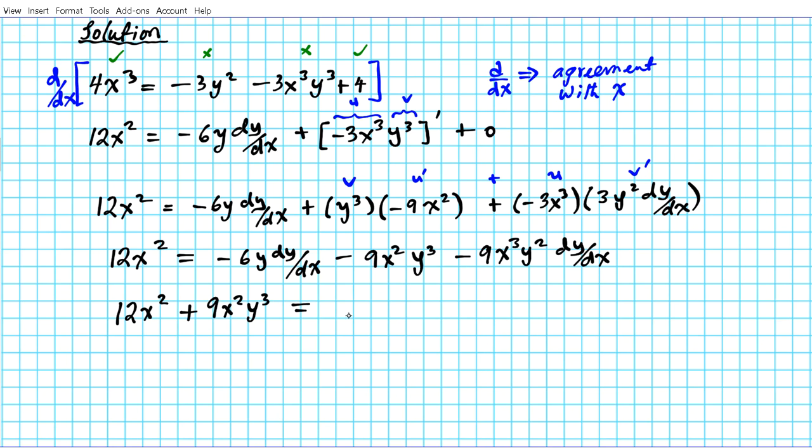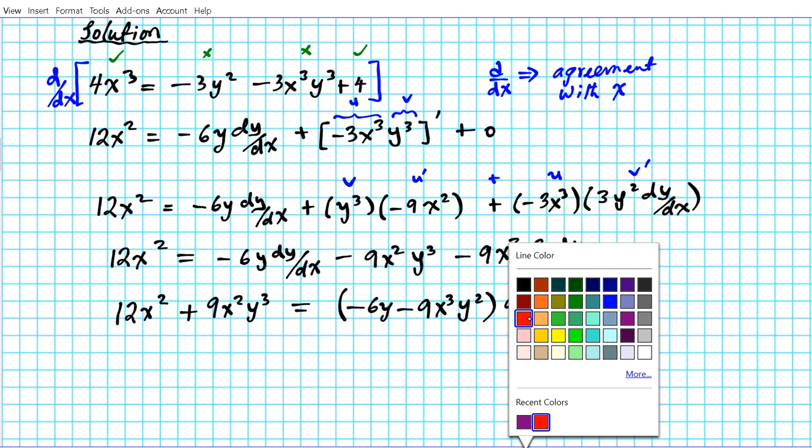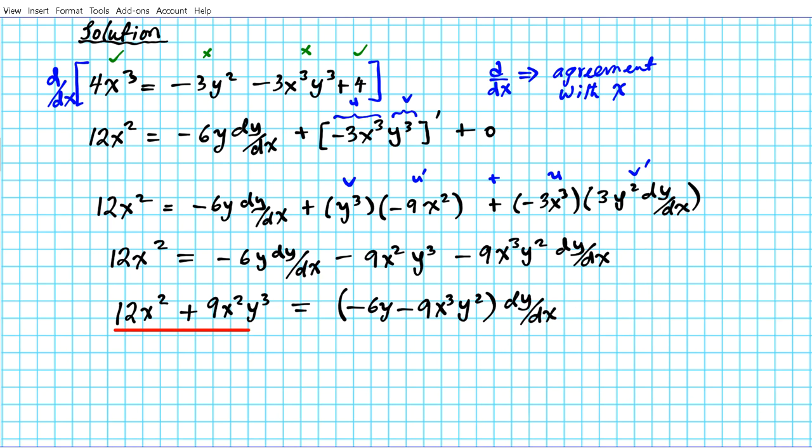And the terms on the right with dy/dx's, we're going to factor out dy/dx while we are at it. So negative 6y minus 9x to the third y squared. Factor out dy/dx. Okay, and then the last step, we'll just basically divide both sides of the equation by the coefficient of dy/dx, that expression there, that quantity.